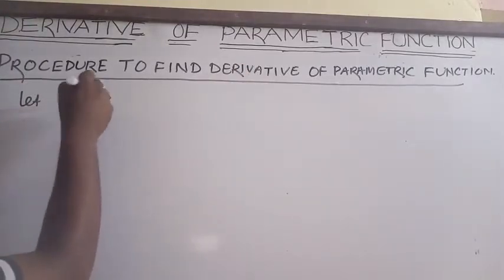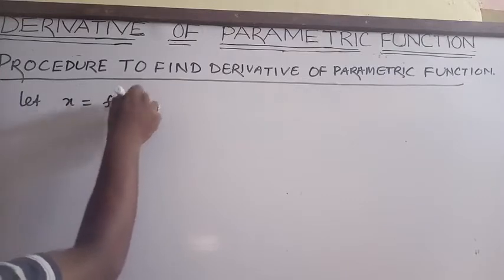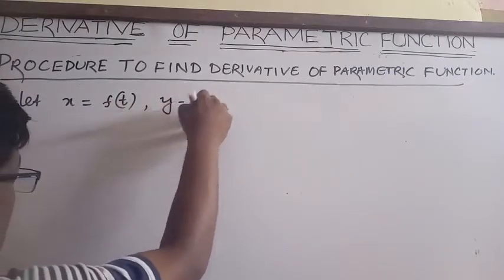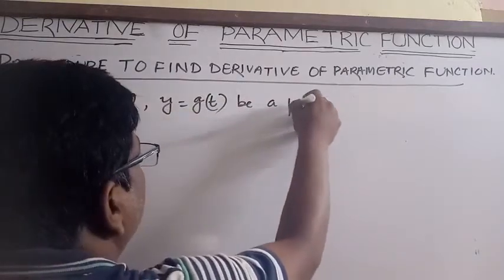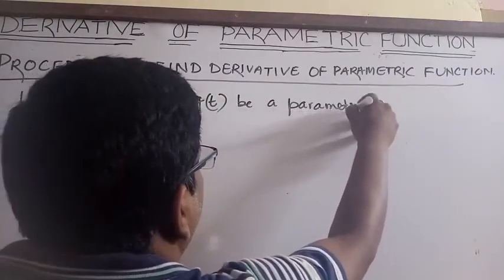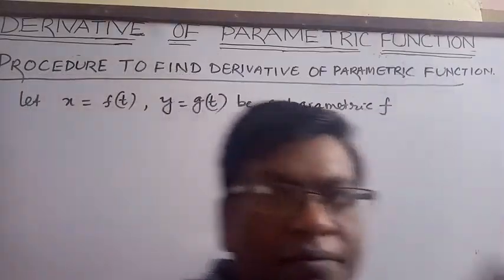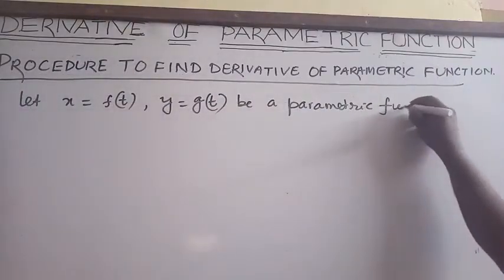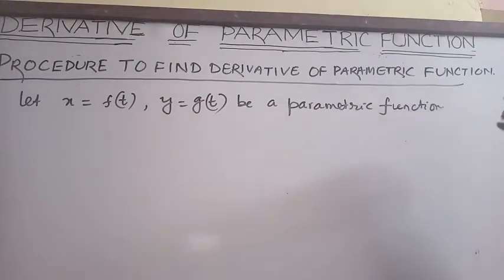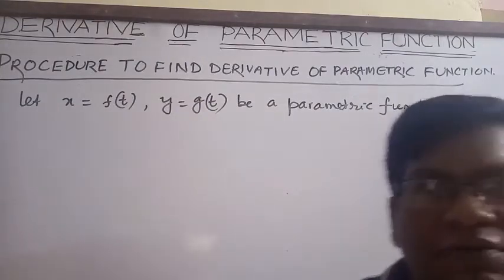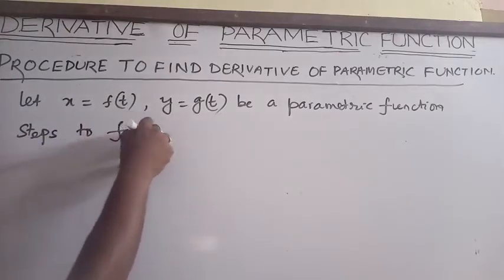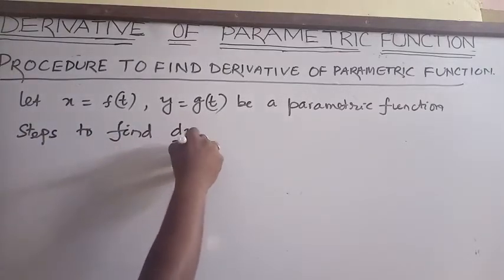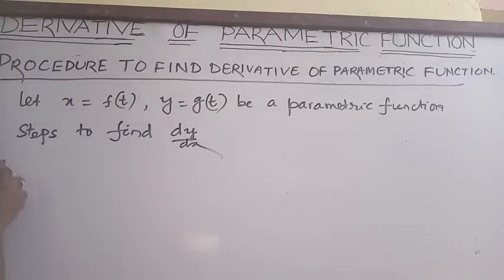Let x is equal to f of t, y is equal to g of t be a parametric function. Then steps to find dy by dx.